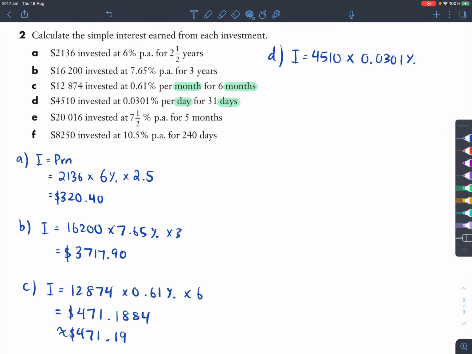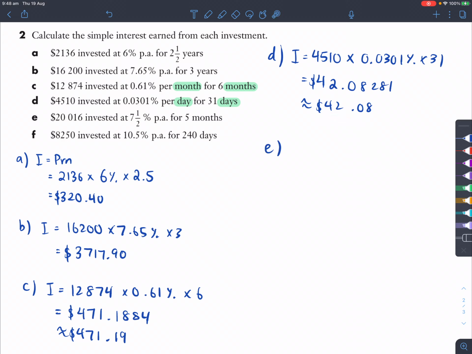So we times it by the number 31. So 4510 times 0.0301% times 31 will give us $42 and around 8 cents. I'll round this to $42.08, which makes sense, because in 31 days you can't grow this amount by that much.